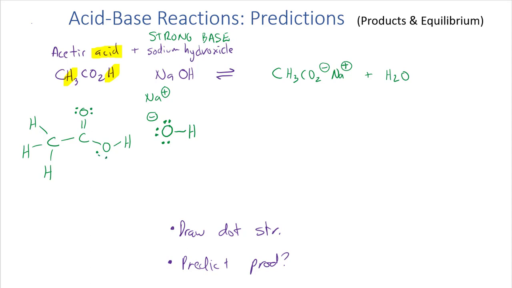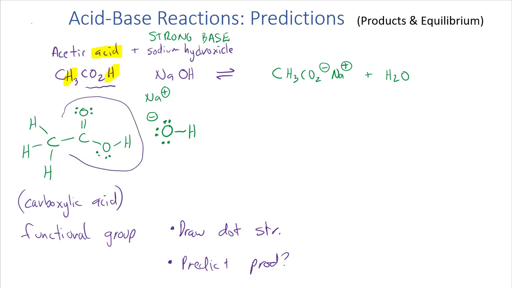Now hopefully we'll recognize this as a carboxylic acid functional group. And whenever we see that CO2H in a molecule, we're going to have this configuration of atoms, a carbon double bonded to one oxygen, single bonded to another oxygen that has a hydrogen attached.